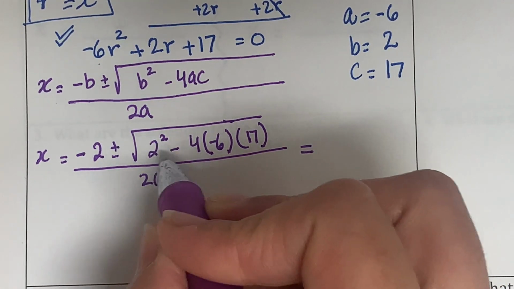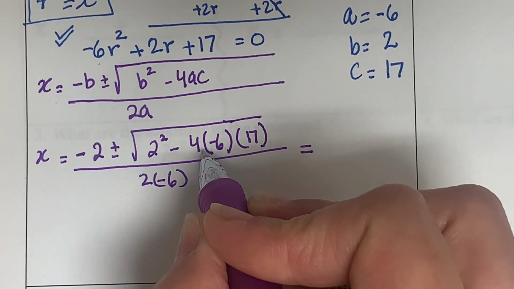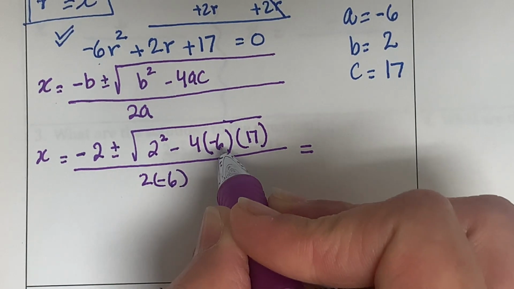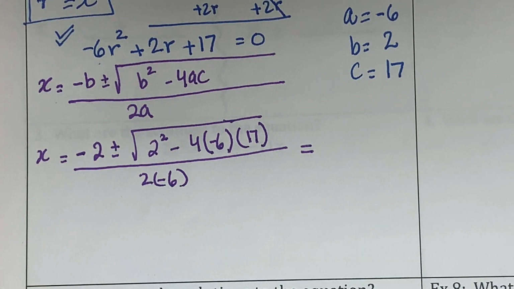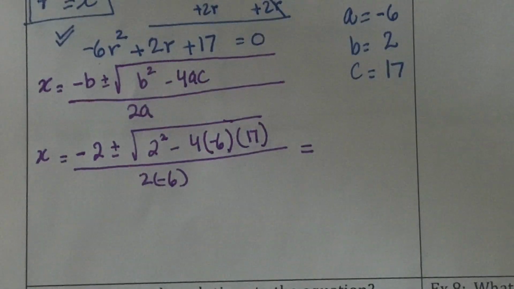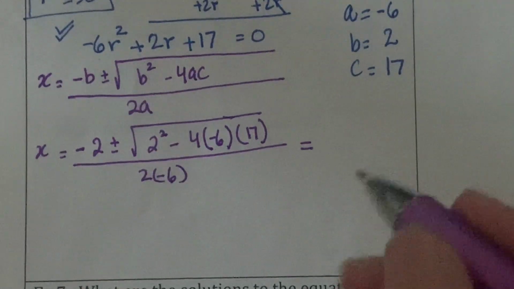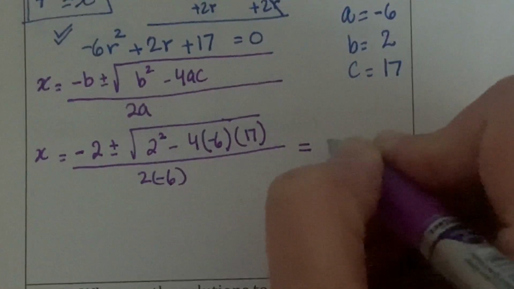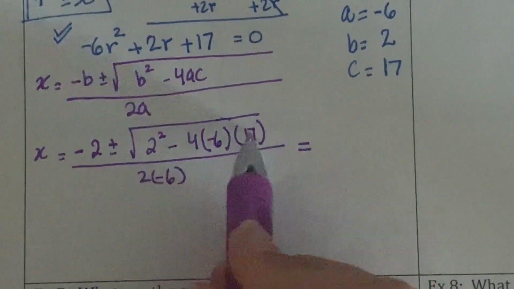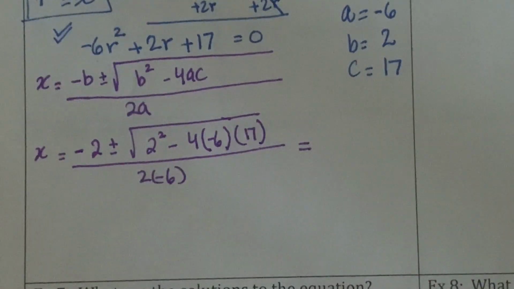So this is 2 squared minus 4 times, this is 4 times 6, 24, 24 times... Okay, so I got inside, this is 408 under the root.